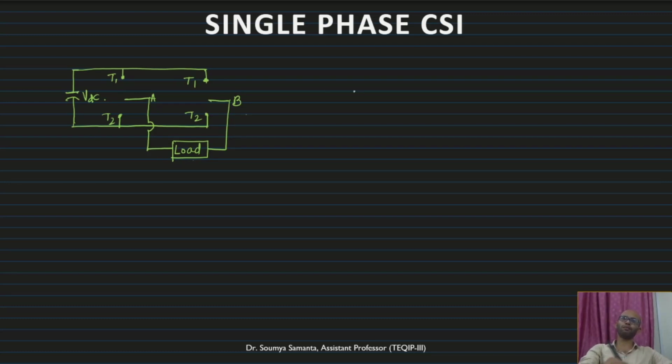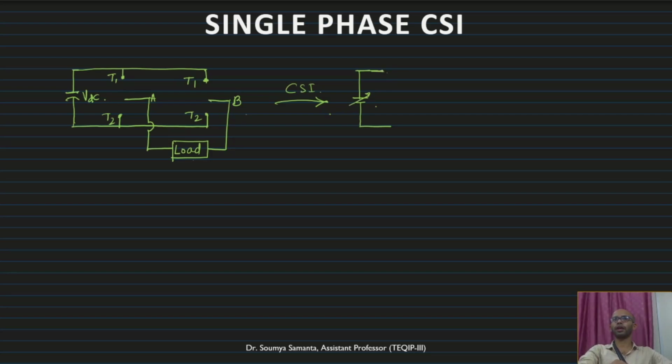Now if we move to the current source inverter, CSI, how can I convert this voltage source to a current source? Suppose this is the voltage source, which can vary.